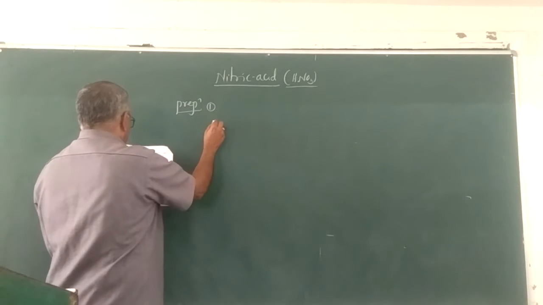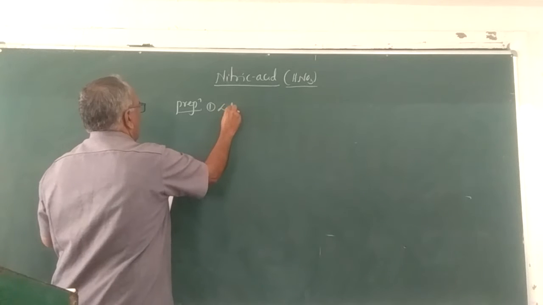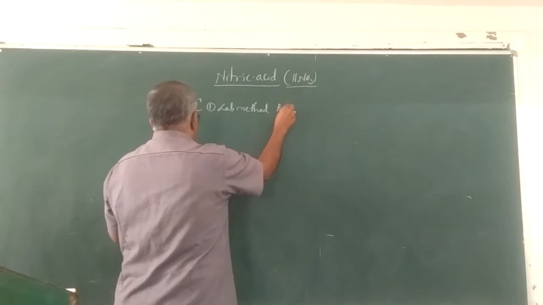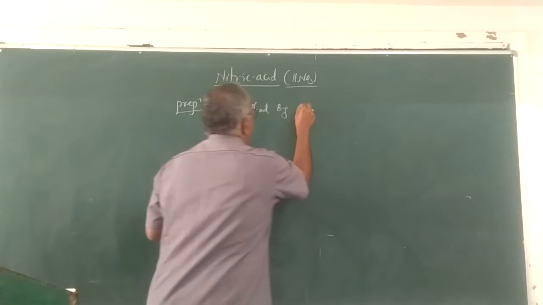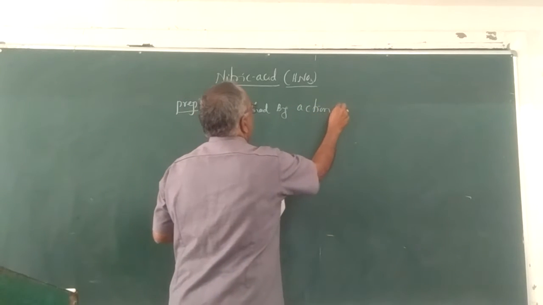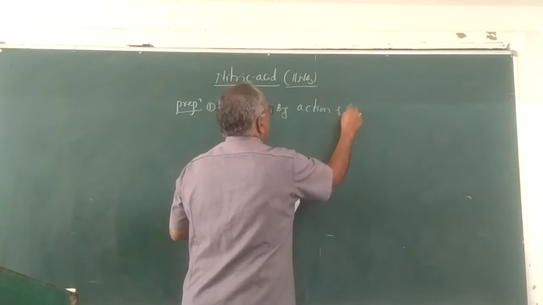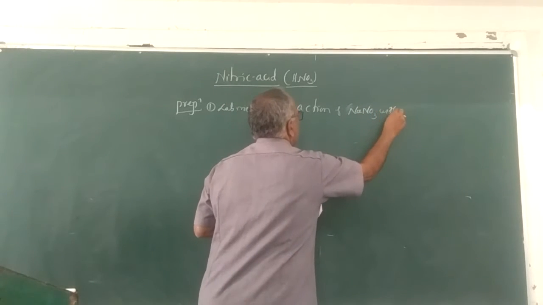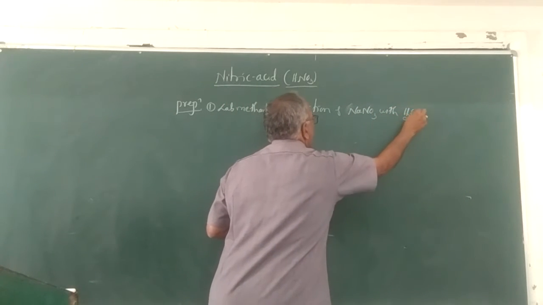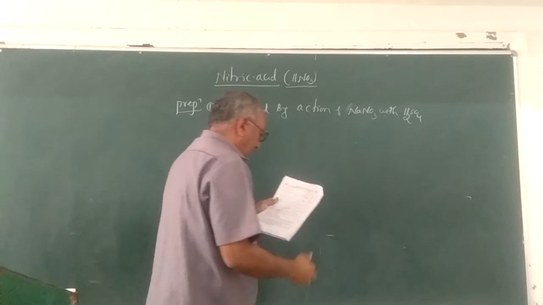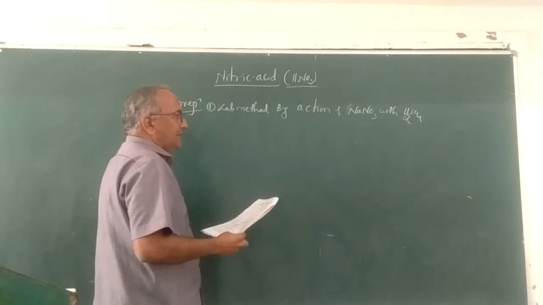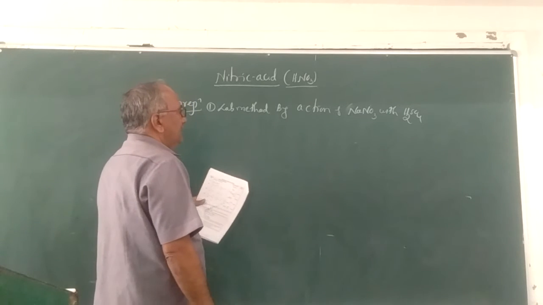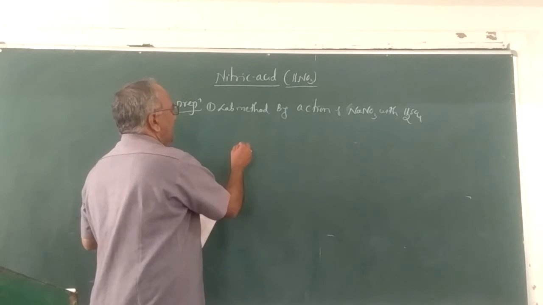One is the laboratory method, by action of sodium nitrate with sulfuric acid. The action of sodium nitrate or potassium nitrate with sulfuric acid leads to the formation of nitric acid.